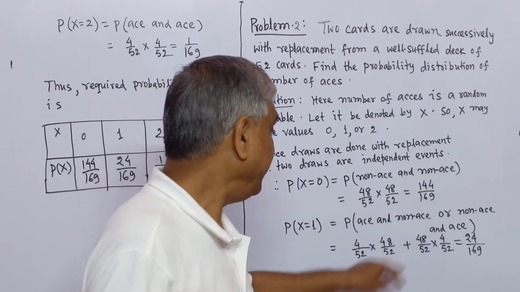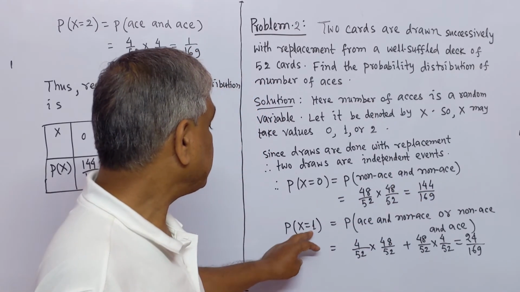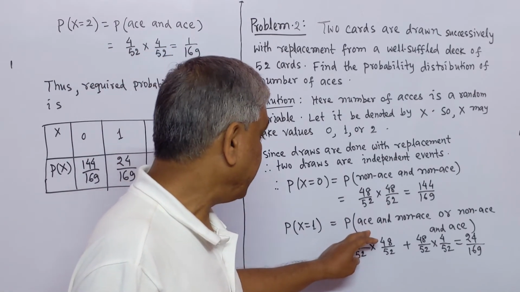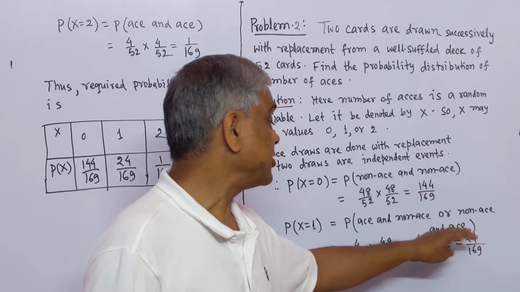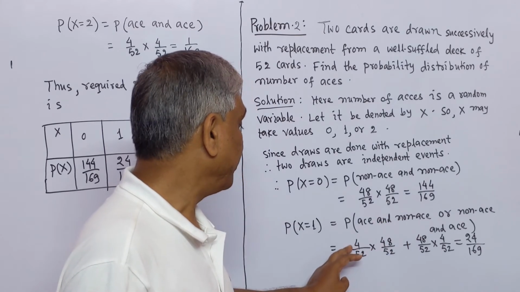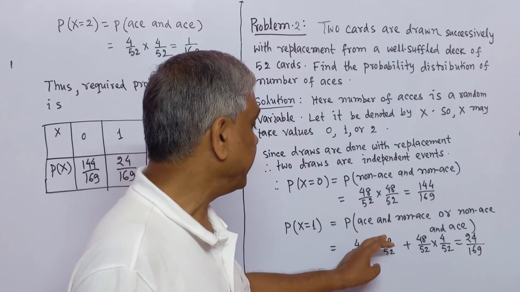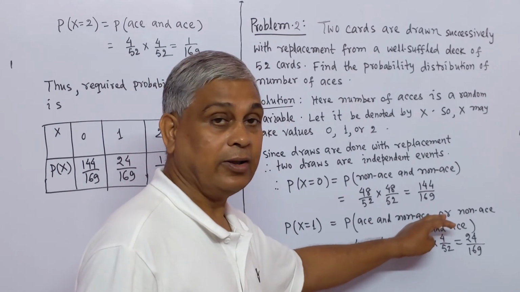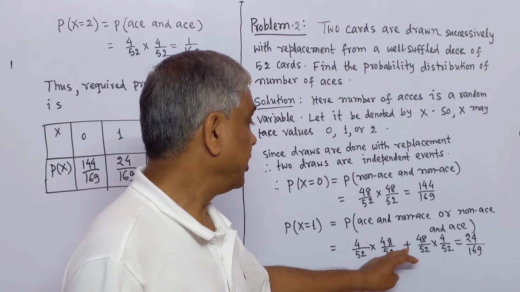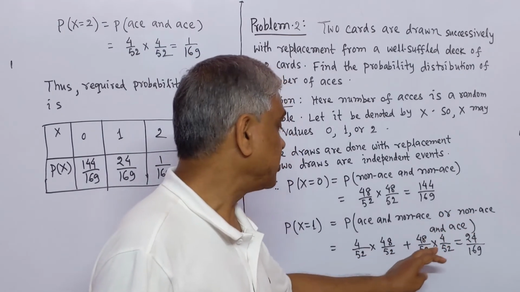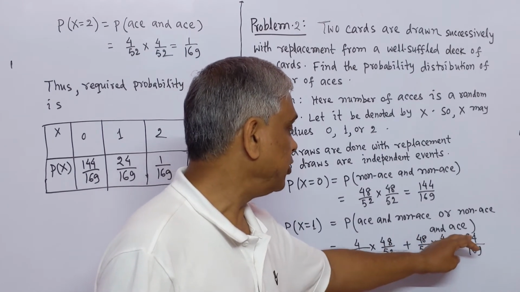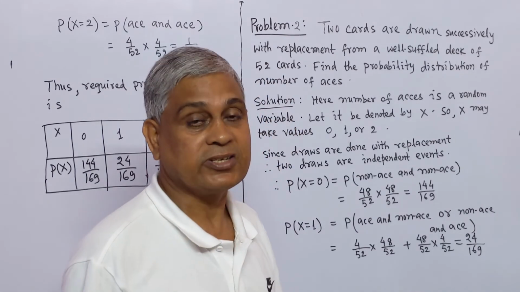And so we write here probability x equal to 1, number of S's being 1, equal to probability of S and none S, or none S and S. For S and none S we get probability 4 by 52 multiplied by 48 by 52, or means union, here plus, mutually exclusive events, plus. And for none S and S, probability is 48 by 52 multiplied by 4 by 52. This equals 24 by 169.